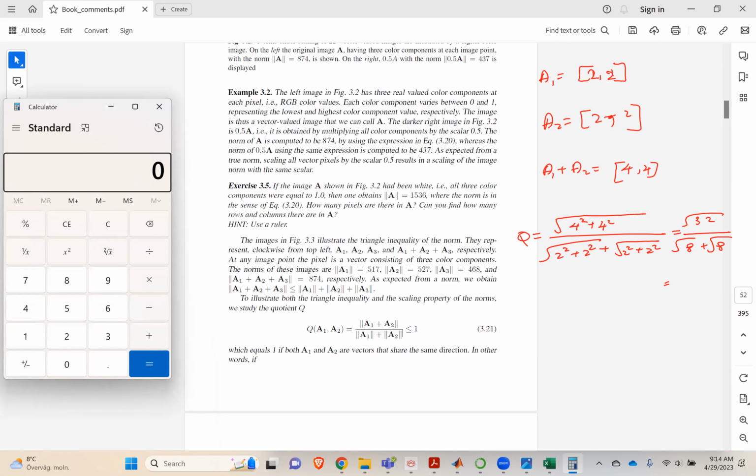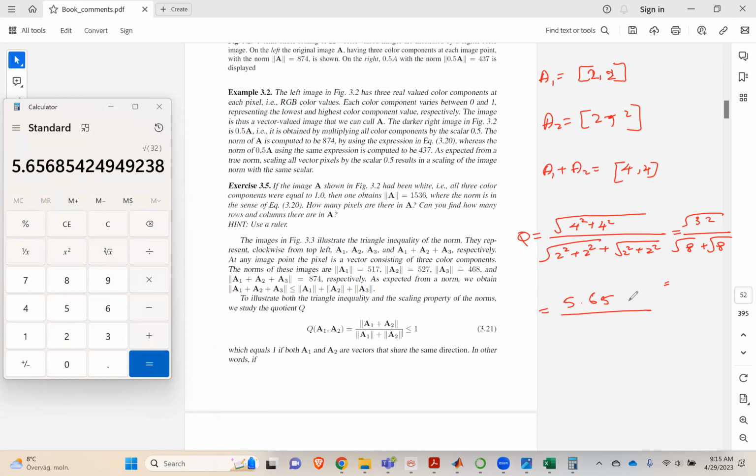Yes. So we'll do the calculation also. I thought we'd get some good numbers, but unfortunately no. We get 5.65 in the above, square root of 32. In the down part, square root of 8 is 2.82, and there are 2 of them, so we multiply by 2 and get 5.65.